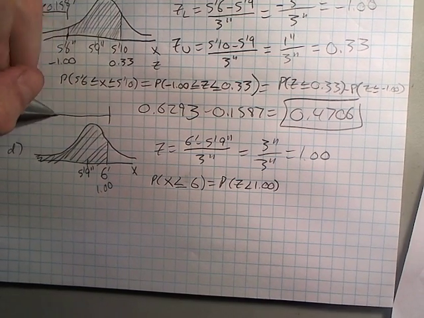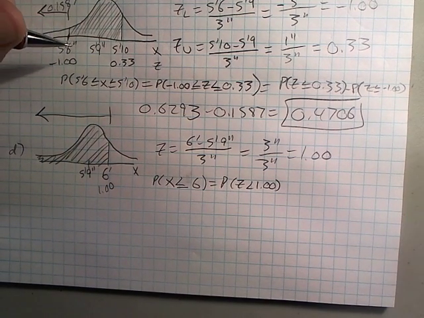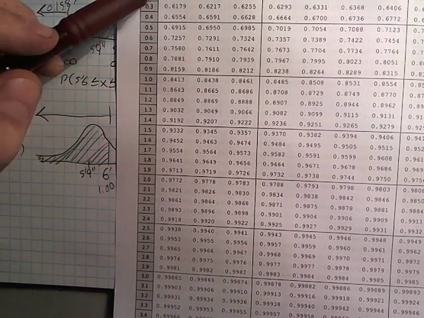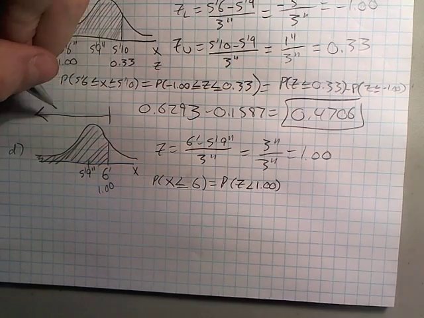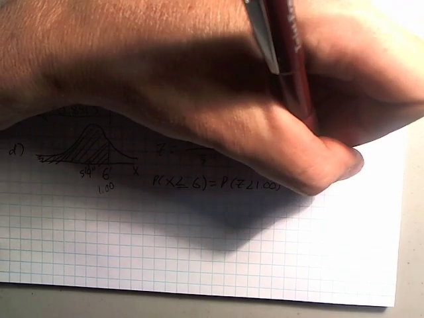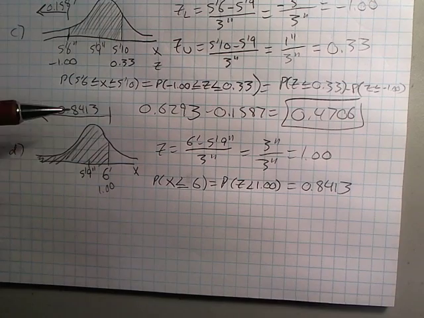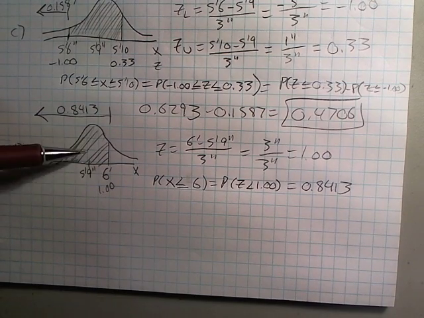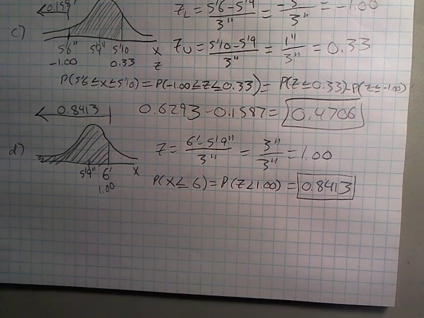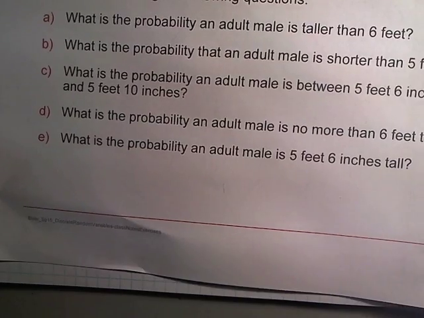Looking up 1.00 in my Z chart, 0.8413 is how I come up with that. And because my area of interest is to the left of that X value, the answer to part D is 84.13%.